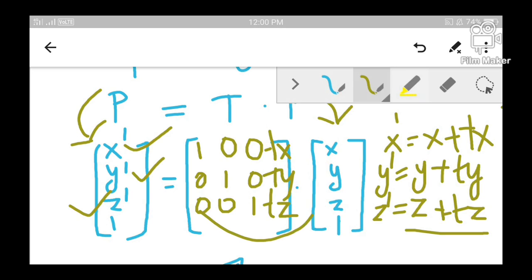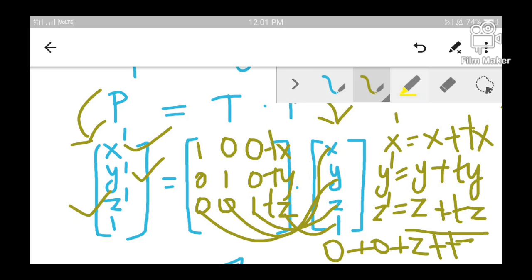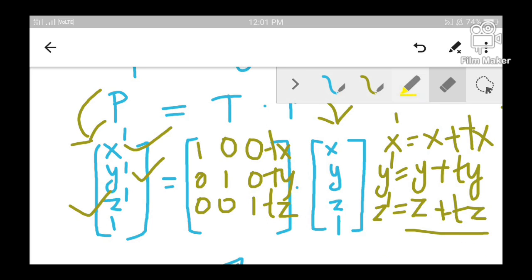We will get 0 into x, which is 0, plus 0 into y, which is also 0, plus 1 into z, which is z, plus tz into 1, which is tz. So the equation we got is z plus tz. So in this way, we can obtain the equation for z dash is equal to z plus tz, and we already obtained the 3 equations for translations.